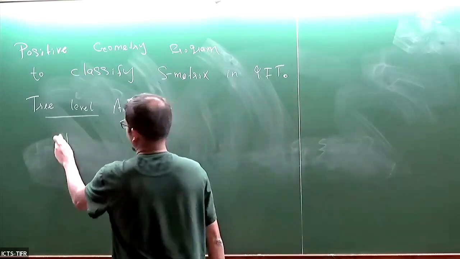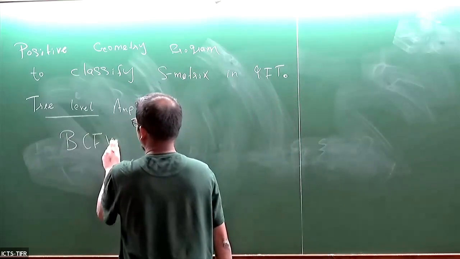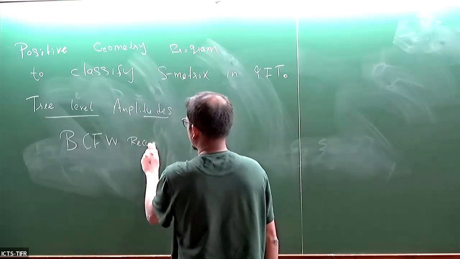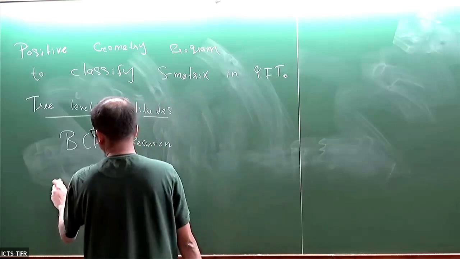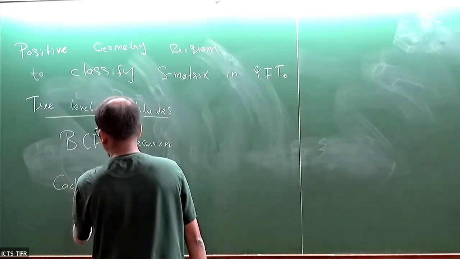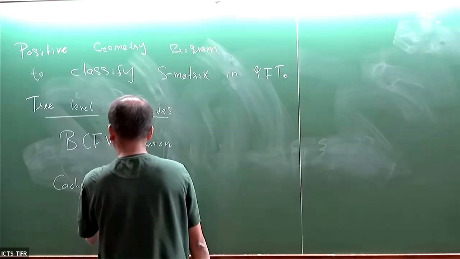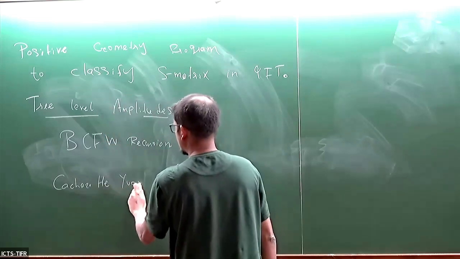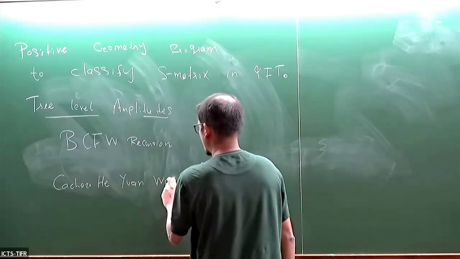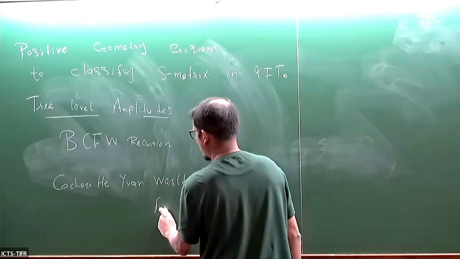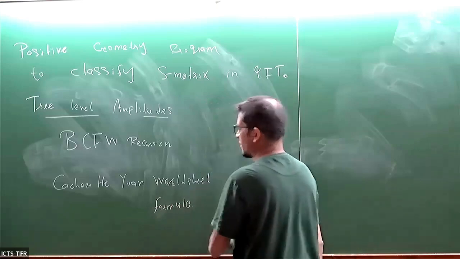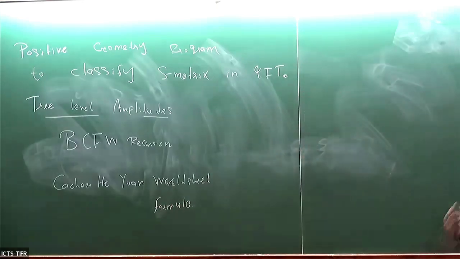Two of them are what are called recursion relations, and the other one is what is called a worldsheet formula. This looks like a string theory formula, but it's really a formula to compute tree level amplitudes in gauge theories and gravity.